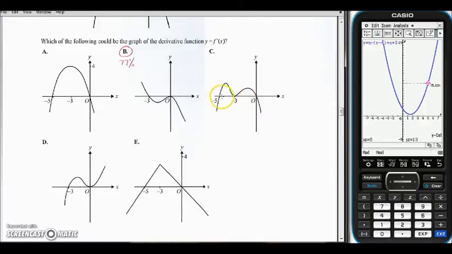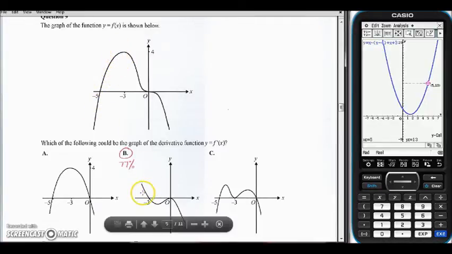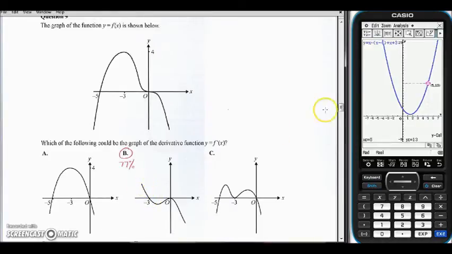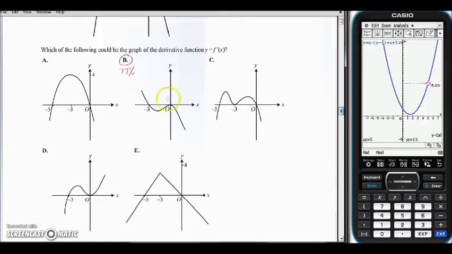Probably not C because we've got an extra intercept over here. So it looks like it's going to be B, because here's my stationary point. To the left of this point, we have a positive gradient, and the only place that happens is in B, so we're not fussed about the rest. It's B. Most people got that right.